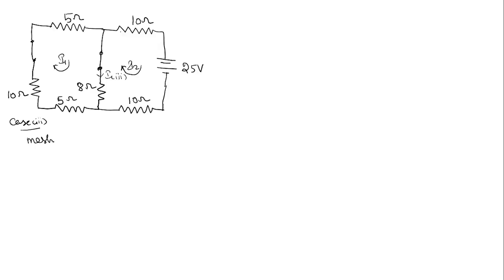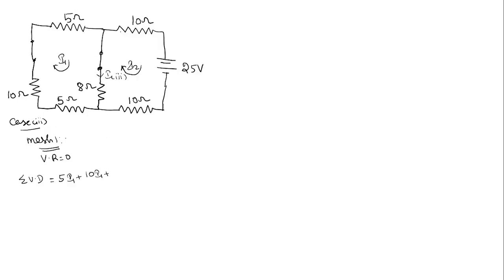So for case 3 we have to write again the mesh 1 and mesh 2 equations. In mesh 1 we do not have any voltage source, so we can directly write voltage rise is equal to 0. Now the voltages across the resistors are written as voltage drops. We'll start from the 5 ohms resistor. The voltage drop across the 5 ohms resistor is 5 into I1. This 10 ohms resistor is again 10 into I1.